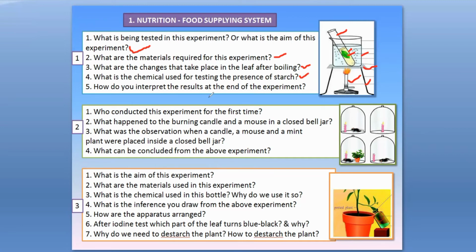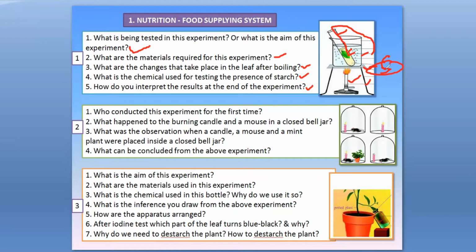How do you interpret the results at the end of this experiment? When the leaves are taken out from the test tube after boiling and kept in a petri dish, and we pour the iodine reagent, the chlorophyll parts turn blue black in color. Why are they turning blue black?